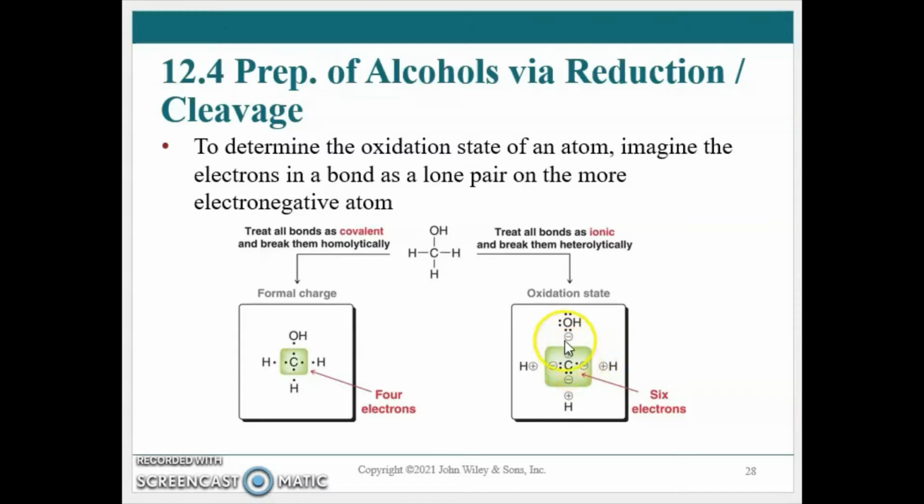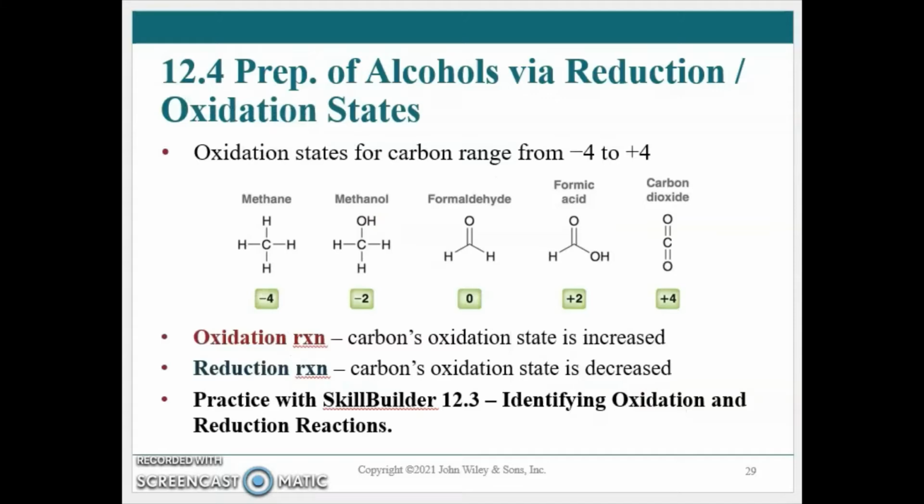In the case of the carbon-oxygen bond, the electron pair is assigned to oxygen. Now let's look at a few more examples. We just did methanol, and we calculated correctly a -2 oxidation state.